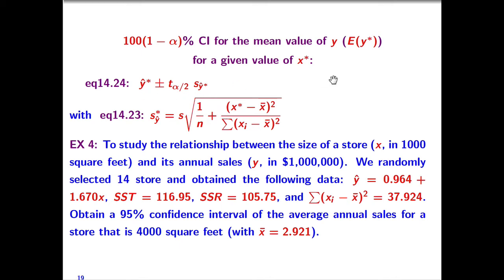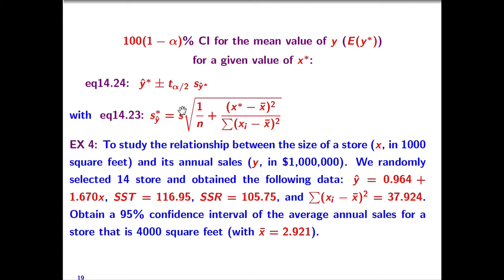And first of all, the unit for x is in thousands. So when you do the calculation for the predicted value of y for a given value of x, you need to use x equals 4. Next, we need to find the critical value t of alpha over 2 using the t table.